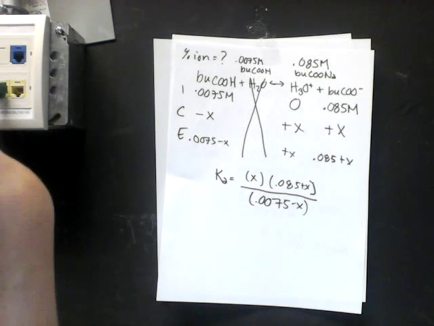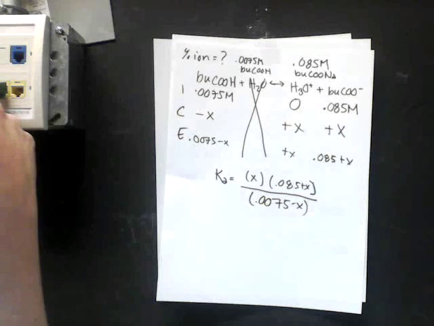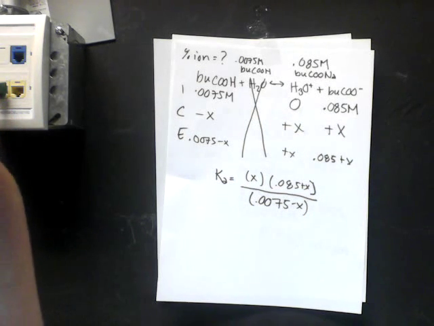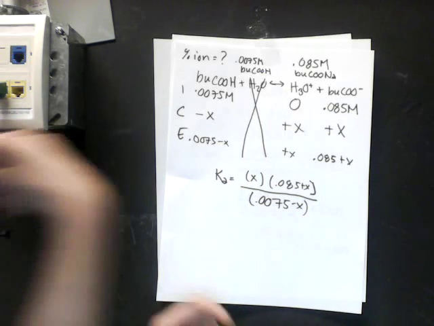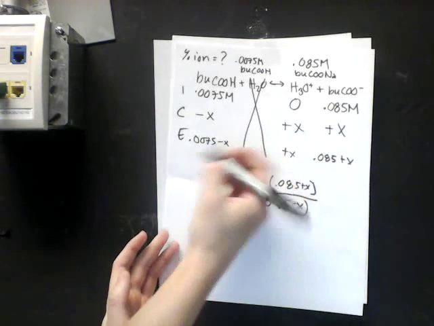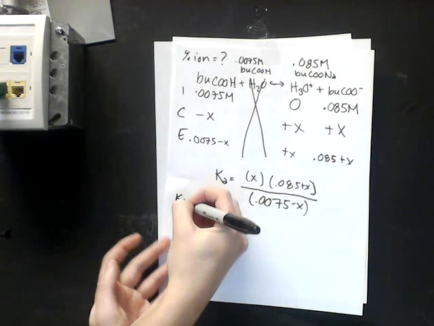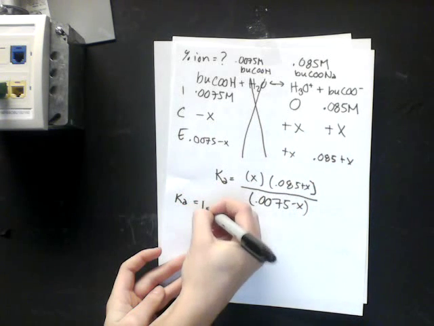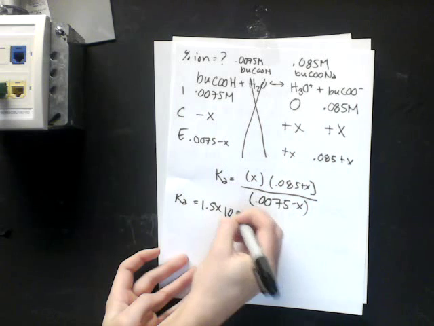Now, can we use that rule that I said before? The Ka is the same. Remember our Ka in the previous problem? This is just part B, so our Ka in the previous problem was 1.5 times 10 to the negative 5.